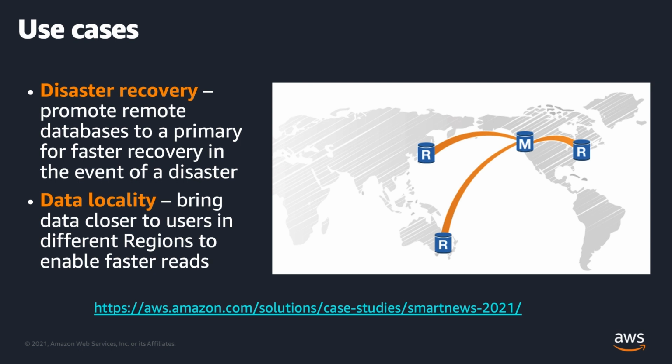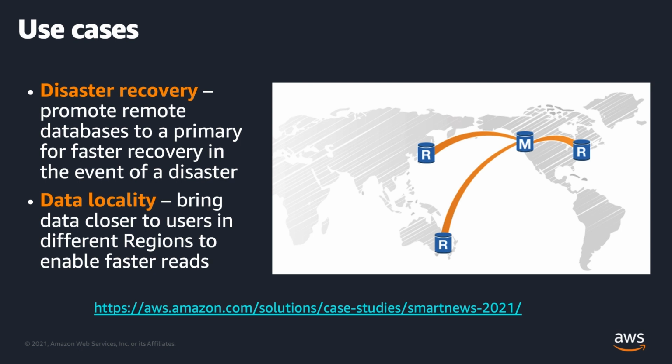I would like to point out that the number 1 vertical for Aurora Global Database today is financial services customers. If you are a financial services customer, or if you do have a customer who is from the financial services background, plan for a conversation with your stakeholders about Aurora Global Database to achieve DR, region resiliency, as well as compliance.